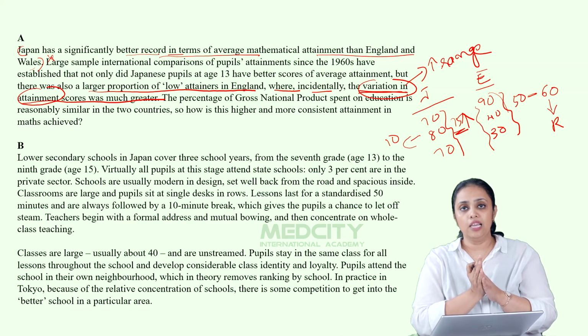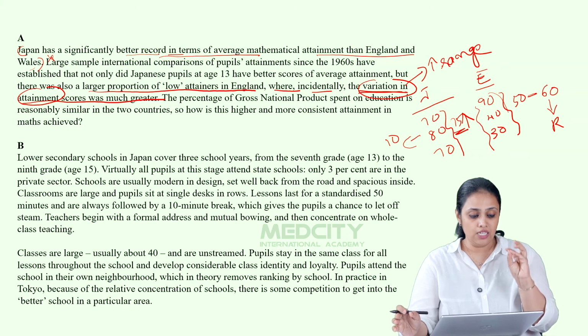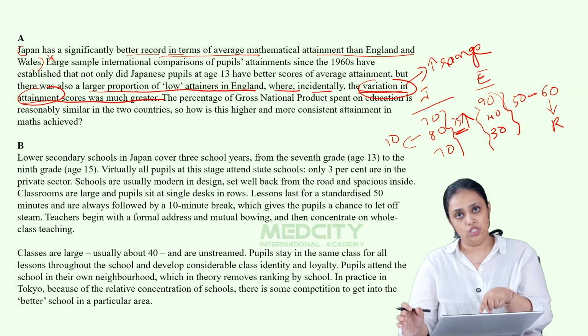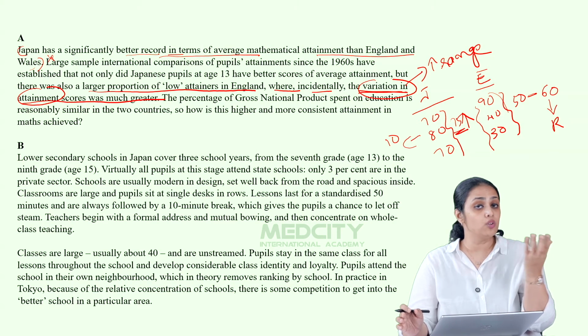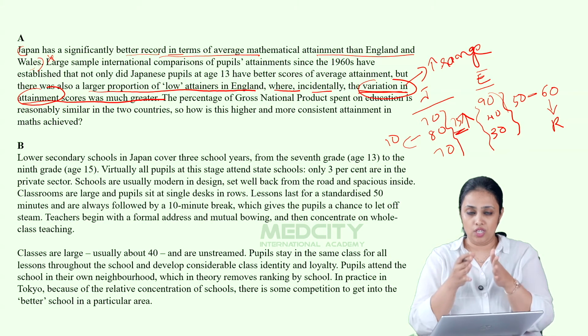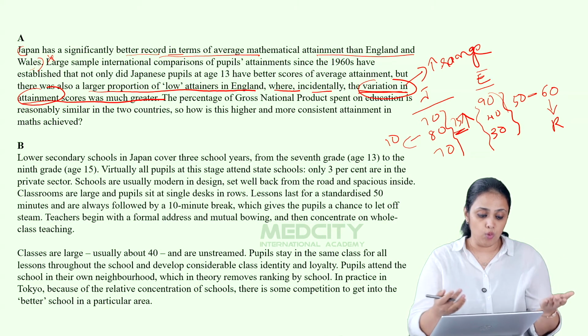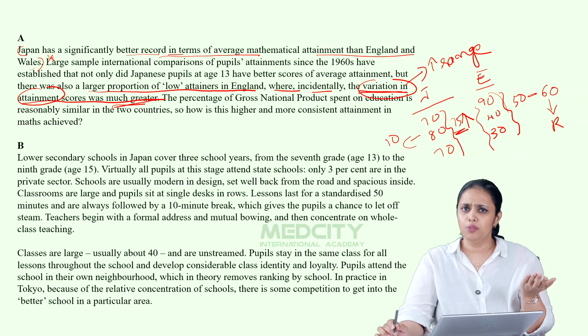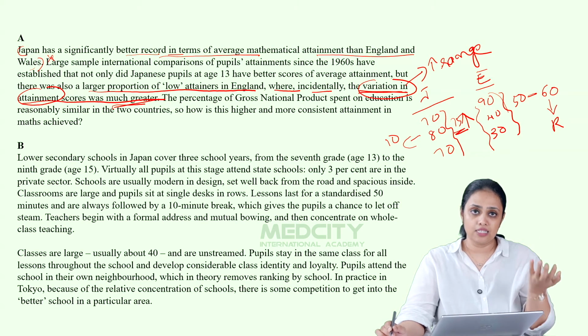So what does the writer claim? The writer claimed that the variation in maths attainment scores in England is higher when compared to Japan. Even though the average score is higher in Japan, the range is wider, or the variation is much greater, in England. The meaning is exactly the same.